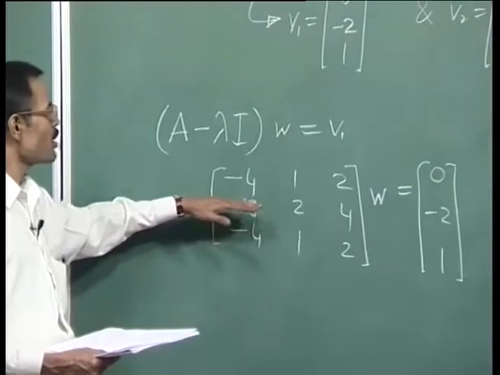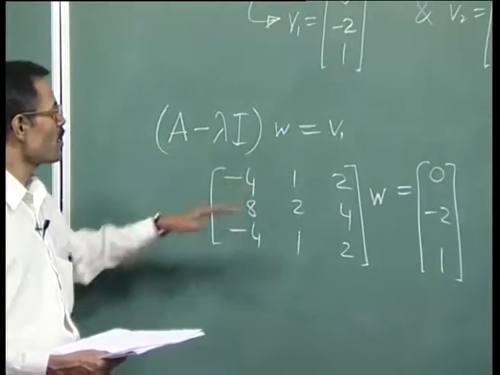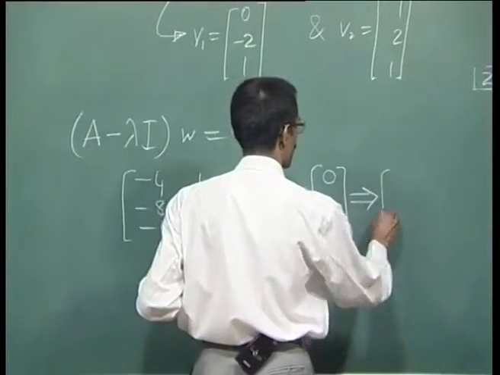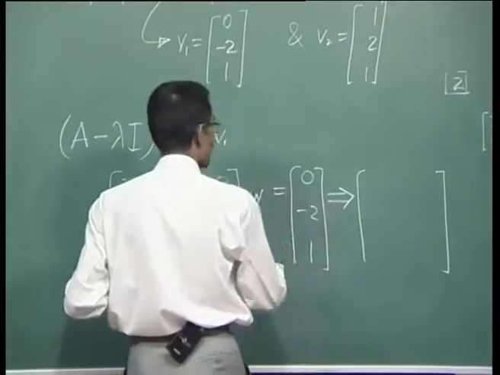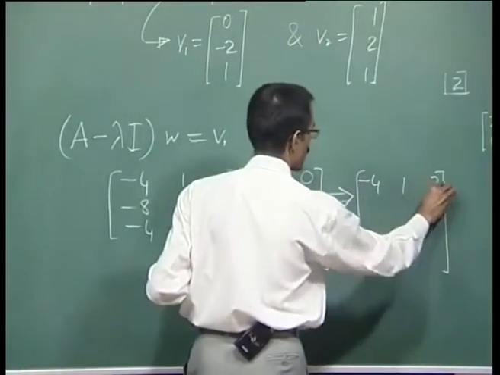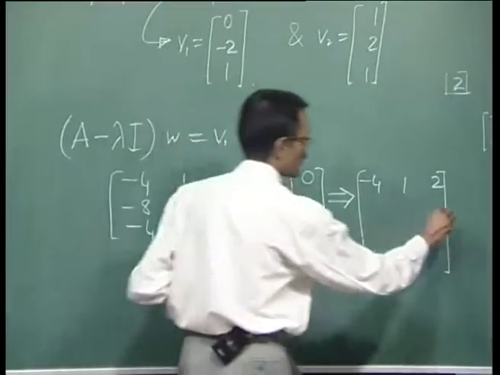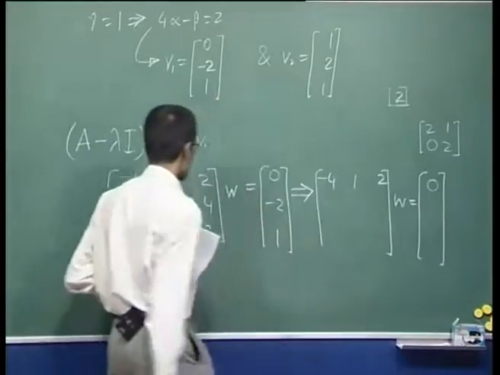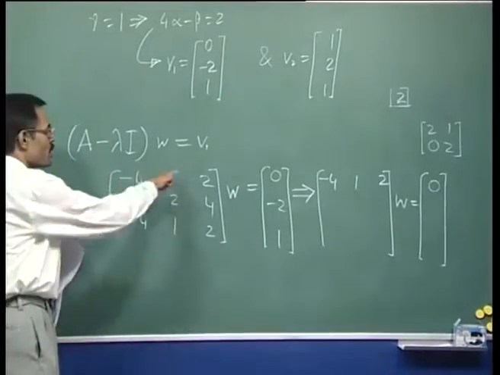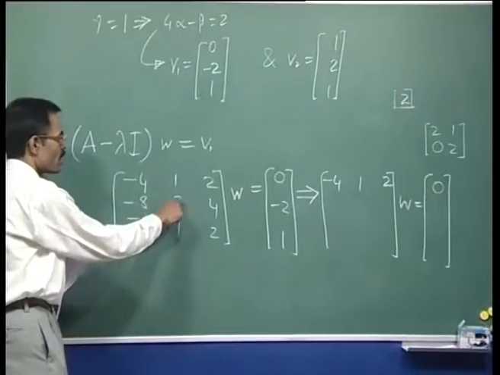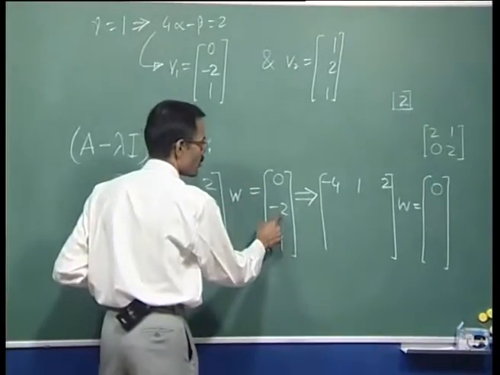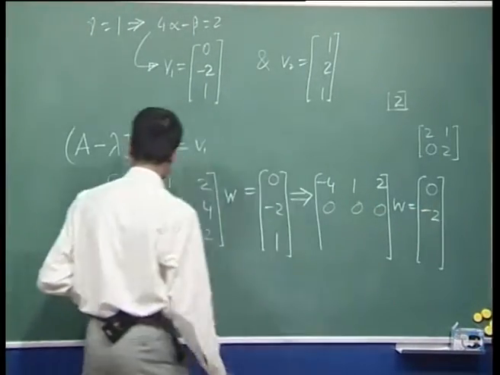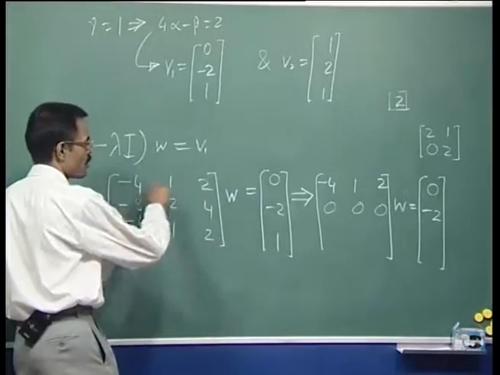So, that means from the second row we subtract twice the first row. First row remains unchanged. From the second row, okay, on this side also, first row remains unchanged. From the second row, twice the first row is subtracted, 0, 0, 0, minus 2. From the third row, the first row is subtracted.